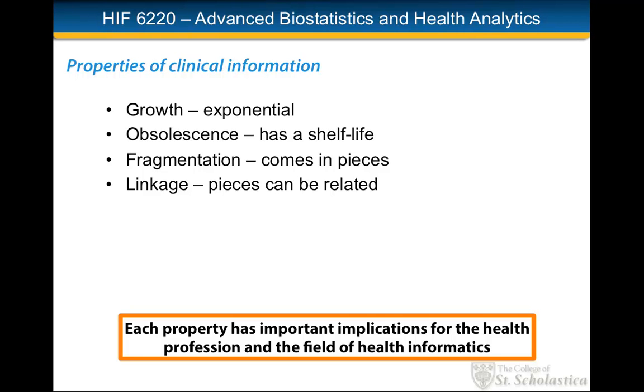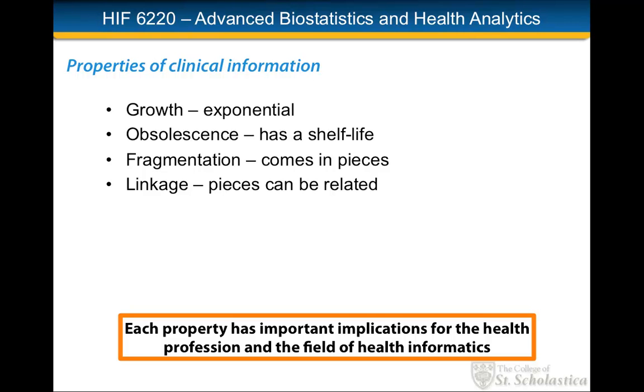For example, a clinician often places more value on the blood pressure reading and temperature readings taken by the nurse at the beginning of her primary care checkup than she might on readings that were conducted 2 or 3 years ago. Current information is often but not always more valuable than past history. So clinical information has a property of obsolescence.